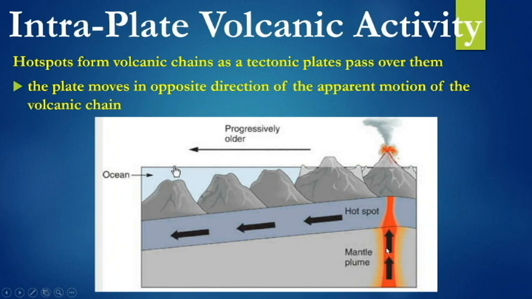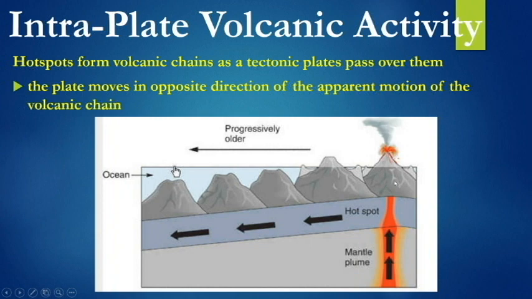As the plate moves, it creates a volcano. Then it moves again and creates a new volcano, and another new volcano. So these volcanoes here used to be over here, but they've since moved. This one used to be active, then it moved, became dormant and died out. This one was active, and this one was active, and currently this one's active.